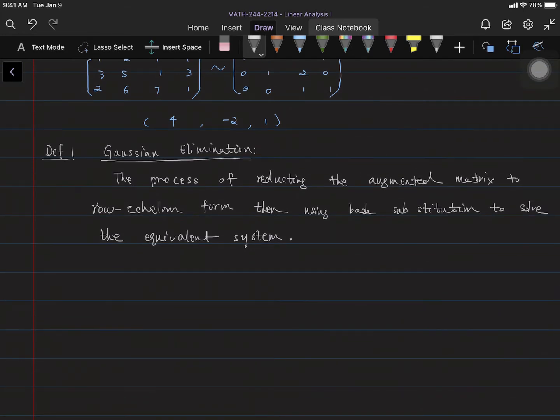And if we reduce the augmented matrix into reduced row echelon form, it is called Gauss-Jordan elimination. So the next definition is Gauss-Jordan elimination.